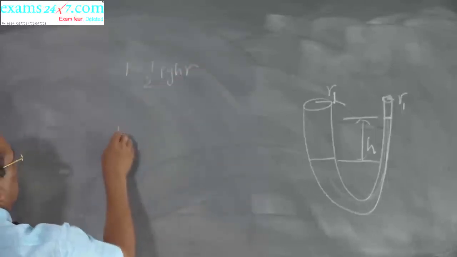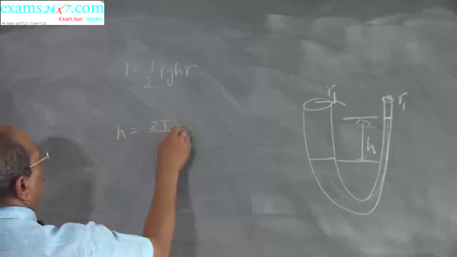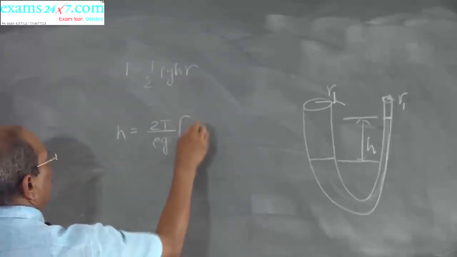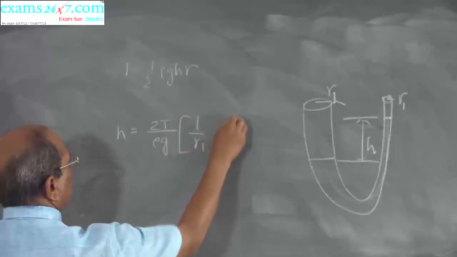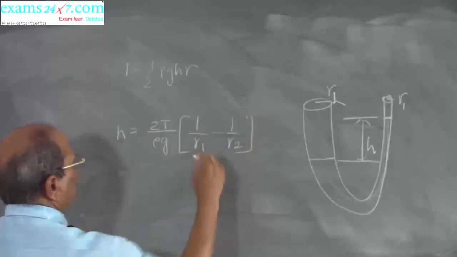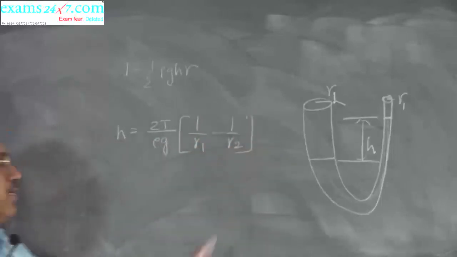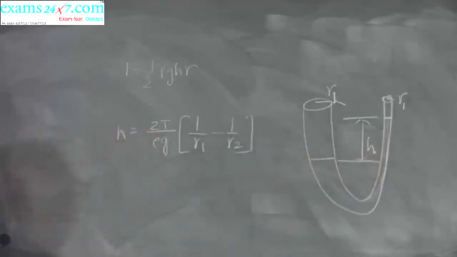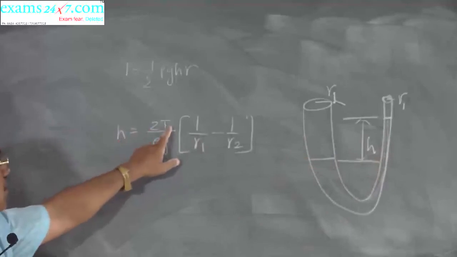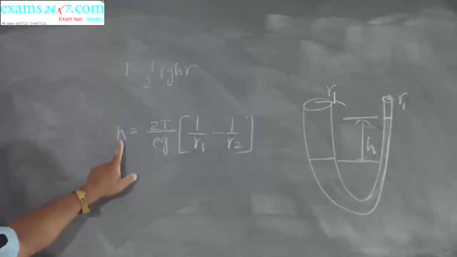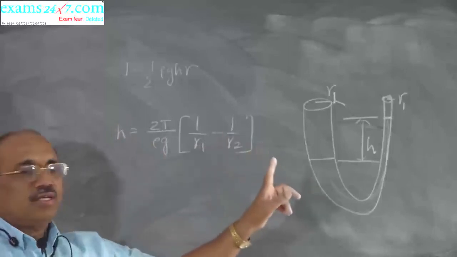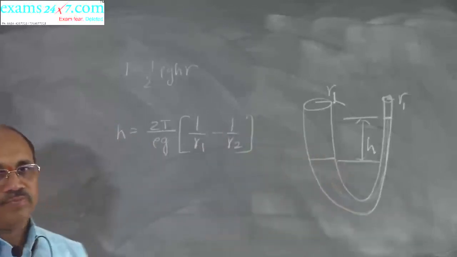If you want h, you can take h equals 2T by rho g into (1 by r1 minus 1 by r2). The height difference in the two limbs of the U-tube may help you measure T, or if you know T, you can find the height, where r1 and r2 are the radii of the limbs of the U-tube.